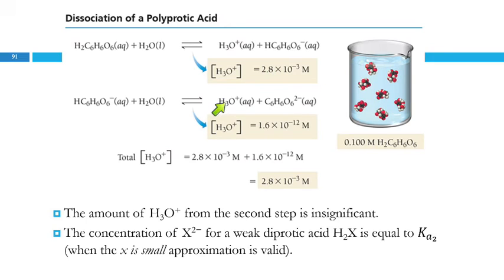And so that causes this equilibrium to not go as far to the right. It causes it to produce less hydrogen ion. So it inhibits the amount produced. So then the total, you add those two together, and we see that the second one was so small it didn't matter.